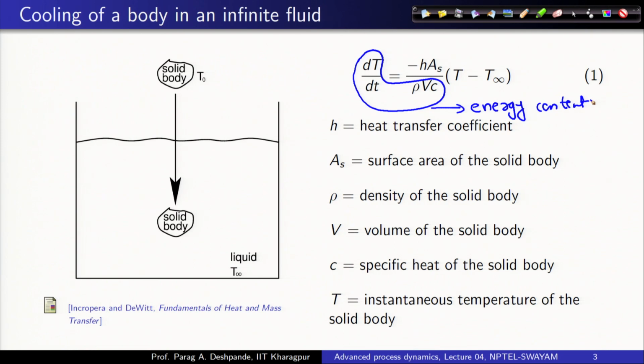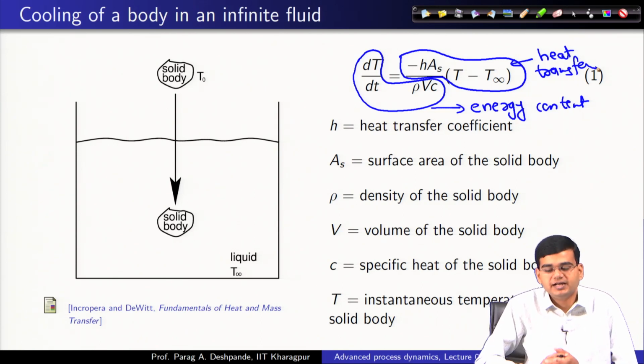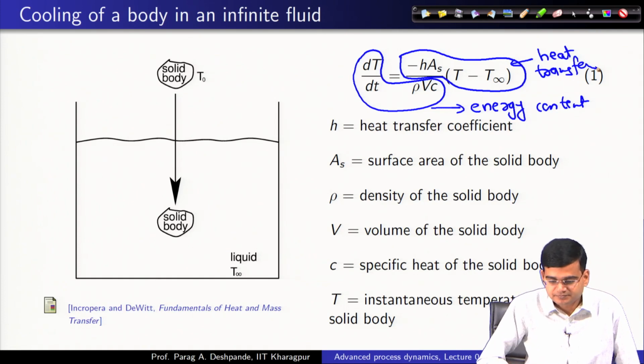So, the rate at which the energy content of the body changes should be equal to the heat transfer to the reservoir from the reservoir, depending upon the temperature of the reservoir and the temperature of the body. So, you equate these two terms and get this model equation. Okay.